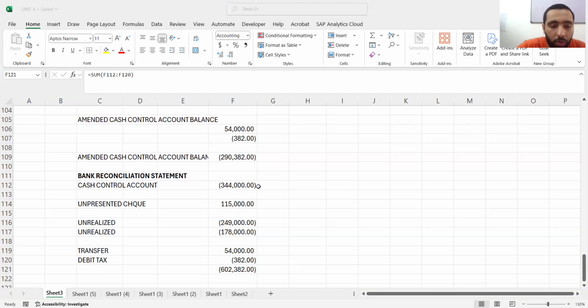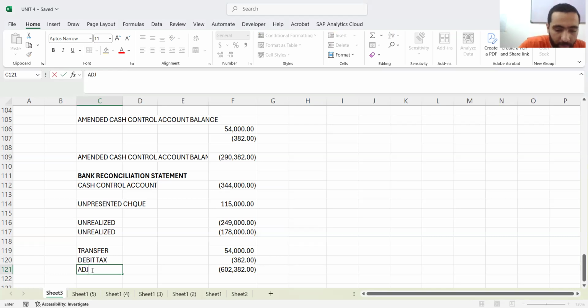Right, so this is how you have to do it. Is everything okay? Adjusted balance.